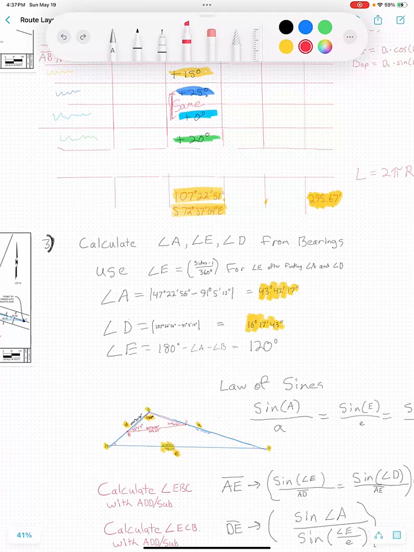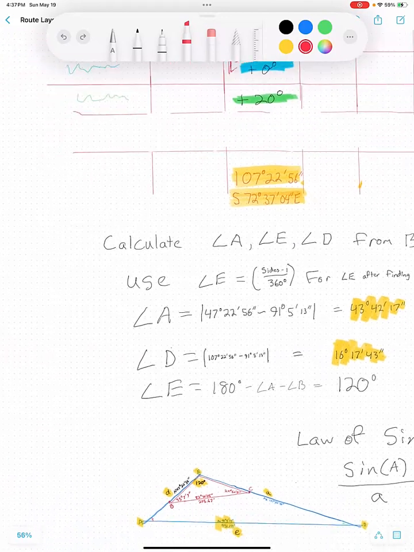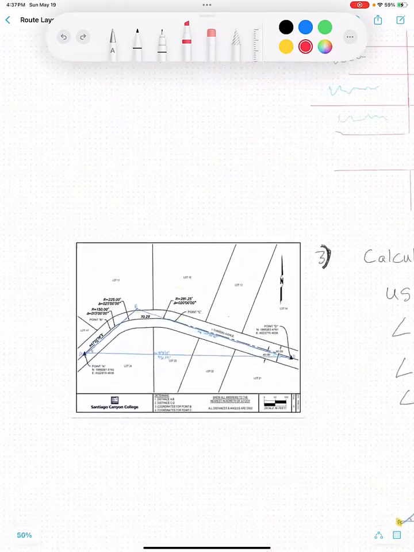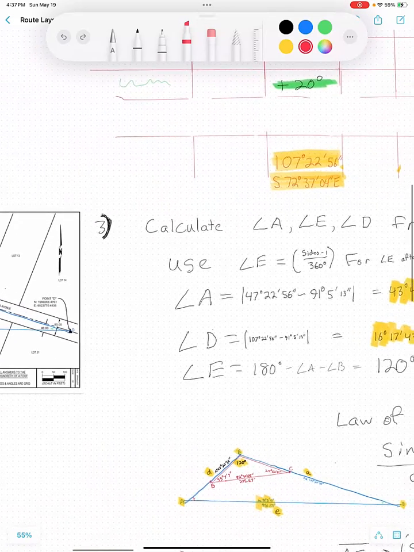And remember, the interior angles of a triangle sum to 180 degrees. So we use those other two calculations. So we had that 47.2256 minus 91.513.